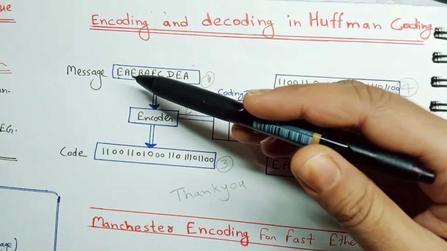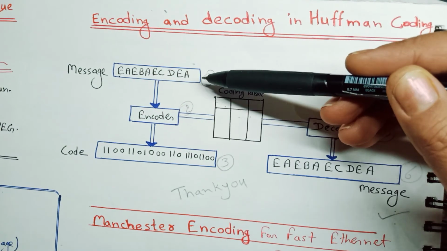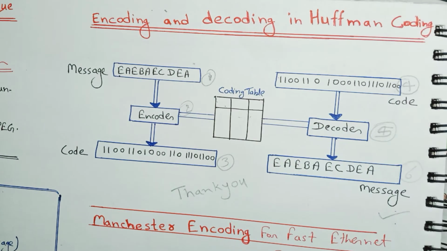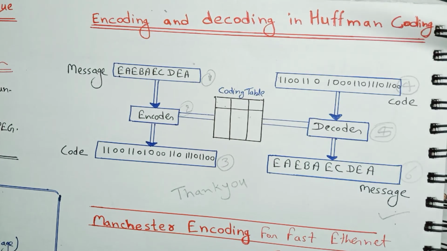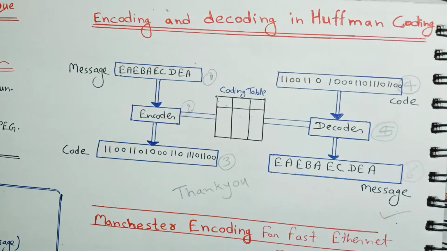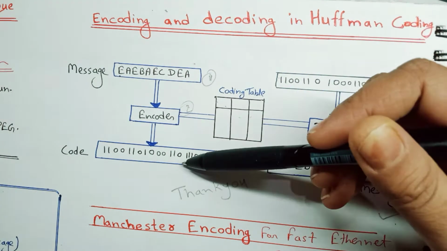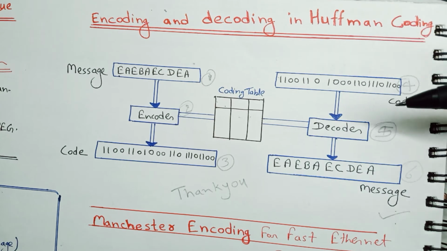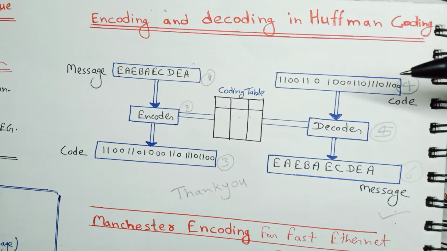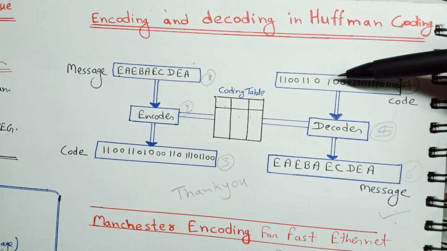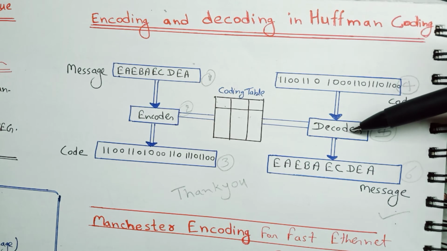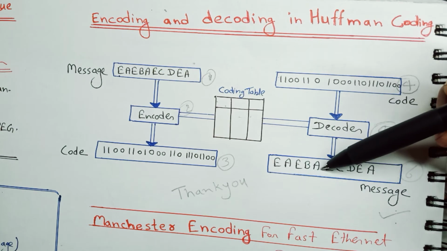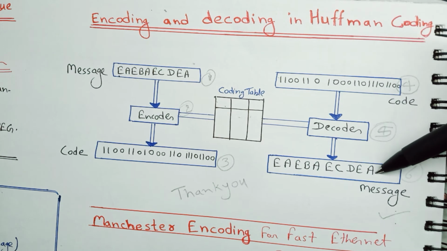Here we are sending a message. It is encoded by the coding table, and the final code is finalized here. Just the opposite, here is the code, and the decoder decodes it and we find the message.